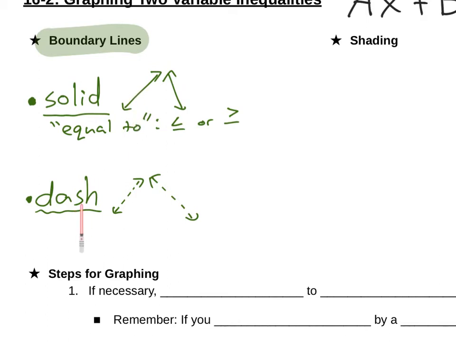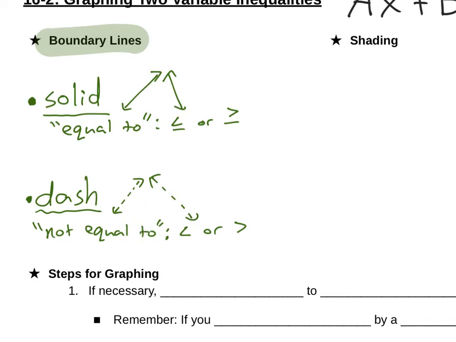Down here, these are the not equal to's. That's just our regular old less than or greater than. See, there's no equal to part to it, so we can't have a solid boundary.